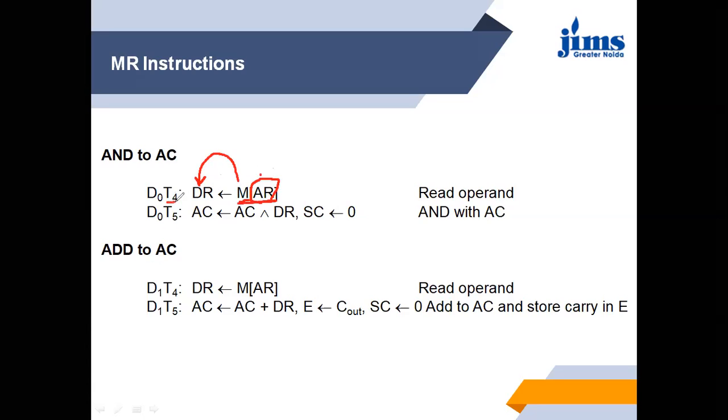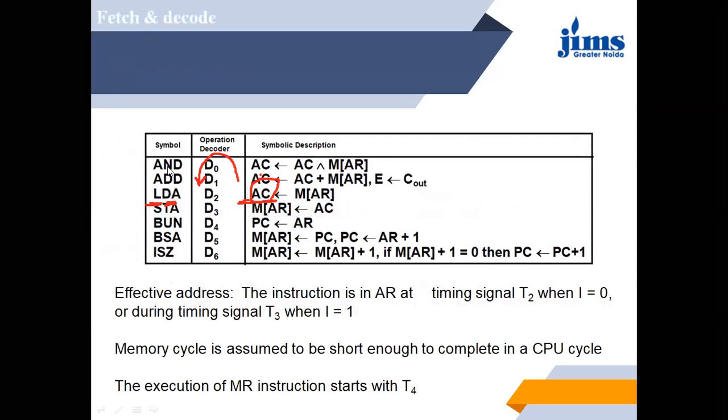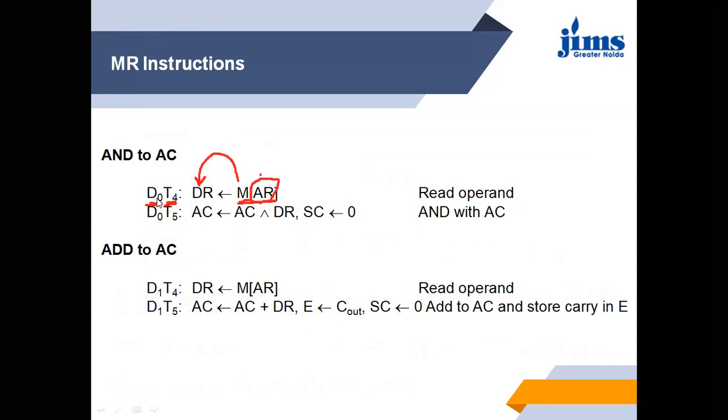This is the clock signal, T1, T2, T3 we discussed, and D0 means the operation we have to perform. You can see AND is 0, add is 1. So D0 means we are doing AND, and D1 we are doing add to AC. Everything we have to perform in the accumulator.